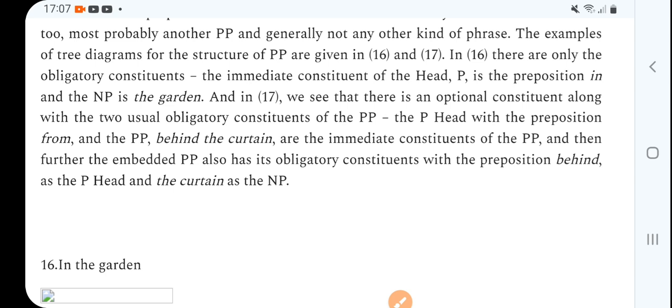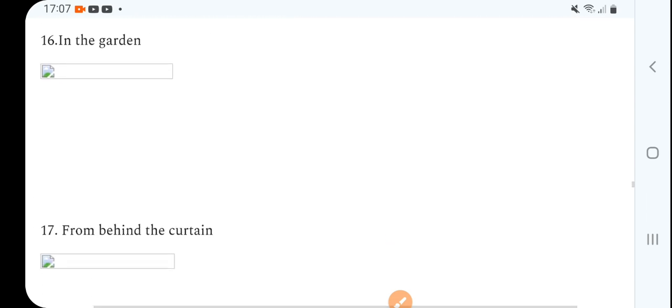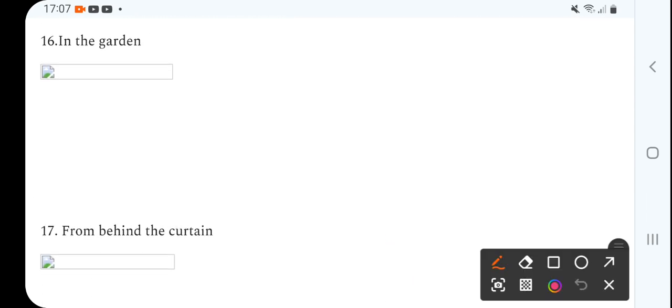And we see that there is an optional constituent along with the two usual obligatory constituents of PP, the P head and the NP. Another example: from behind the curtain, right?